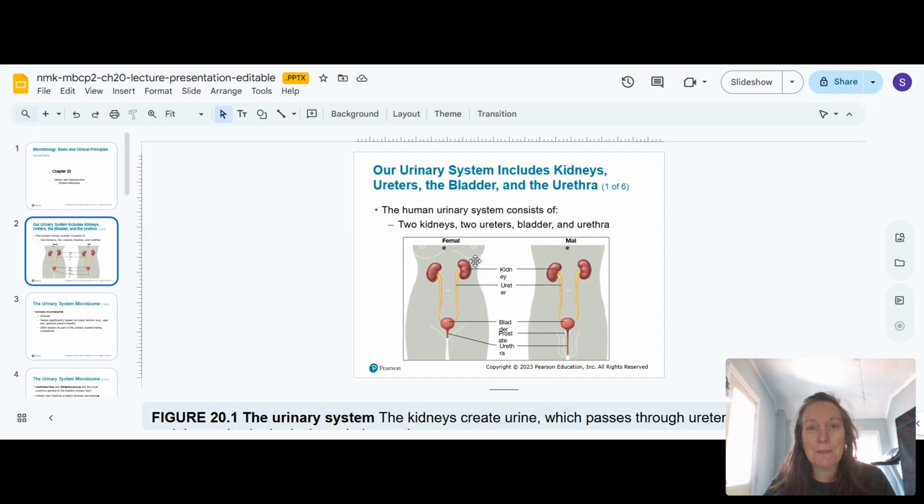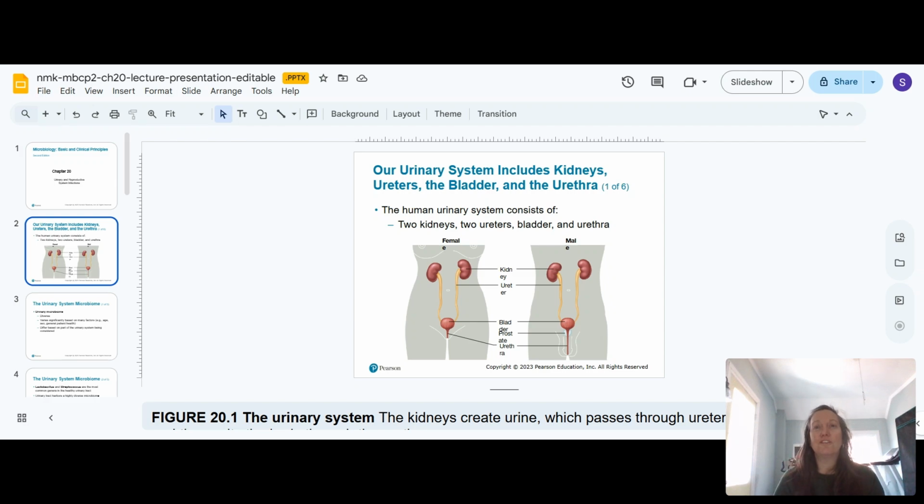First off, we have differences in our urinary systems between males and females, and I want to point that out off the top. We both have, males and females, two kidneys, and they're towards the back of the abdominal cavity. They're connected to the bladder by ureters.